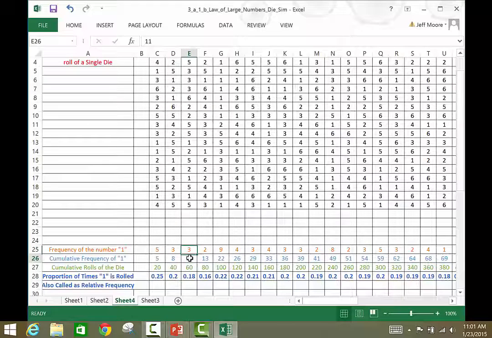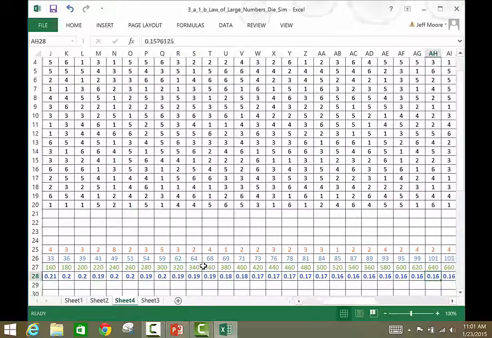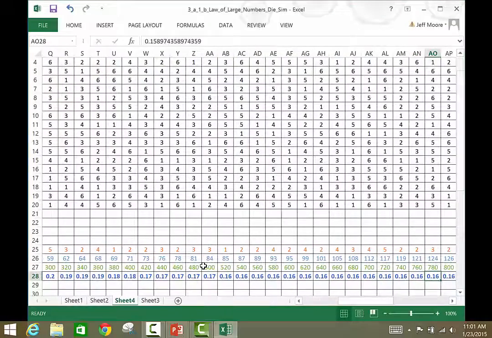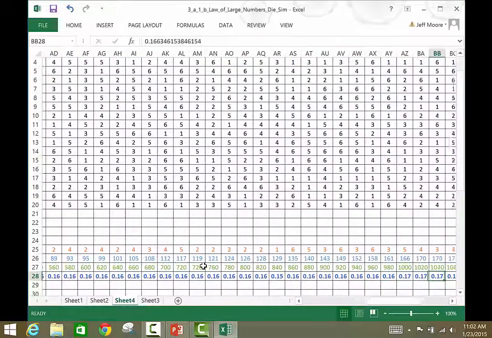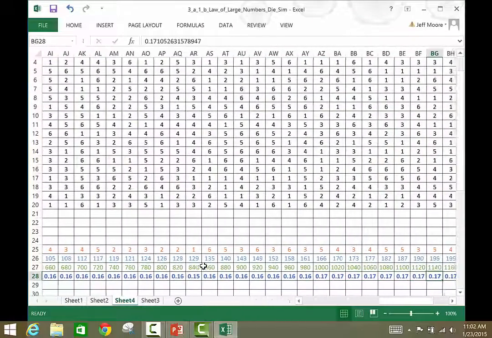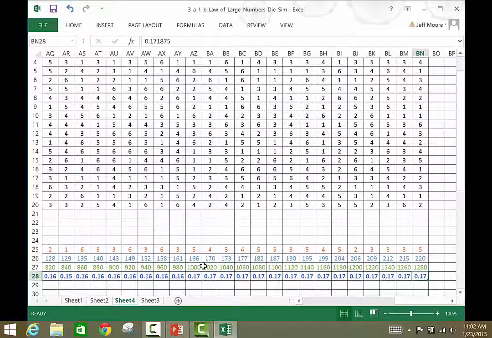Then another 3 times for a total of 11 out of 60, which is 0.18. So as we continue through this spreadsheet, we see that this relative frequency is tending toward the actual probability of throwing a 1.